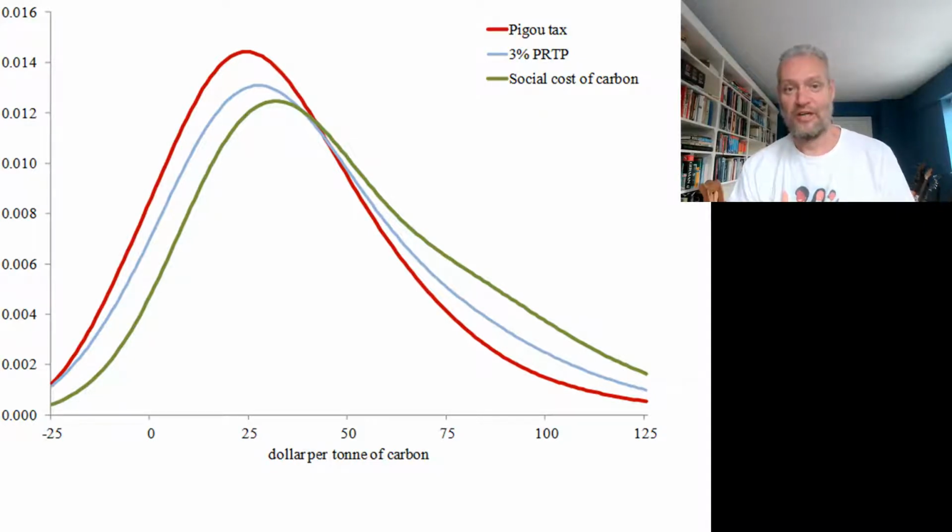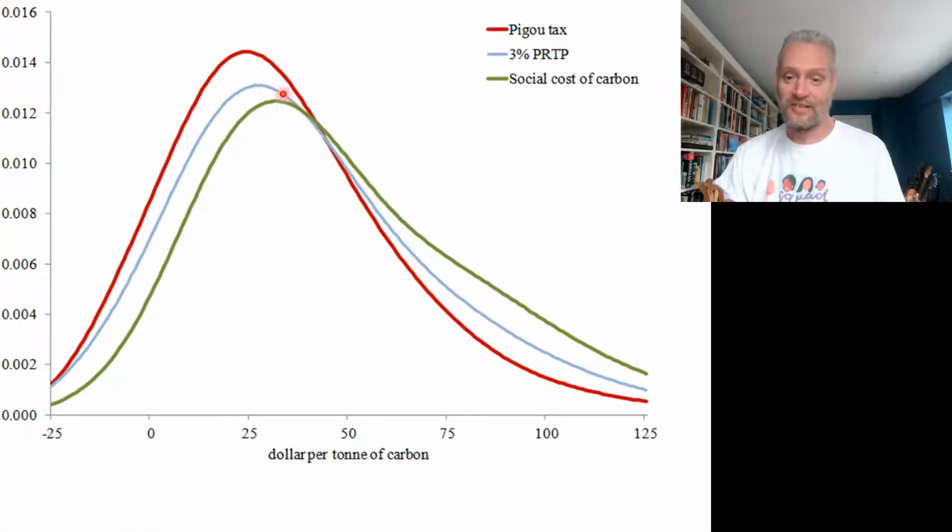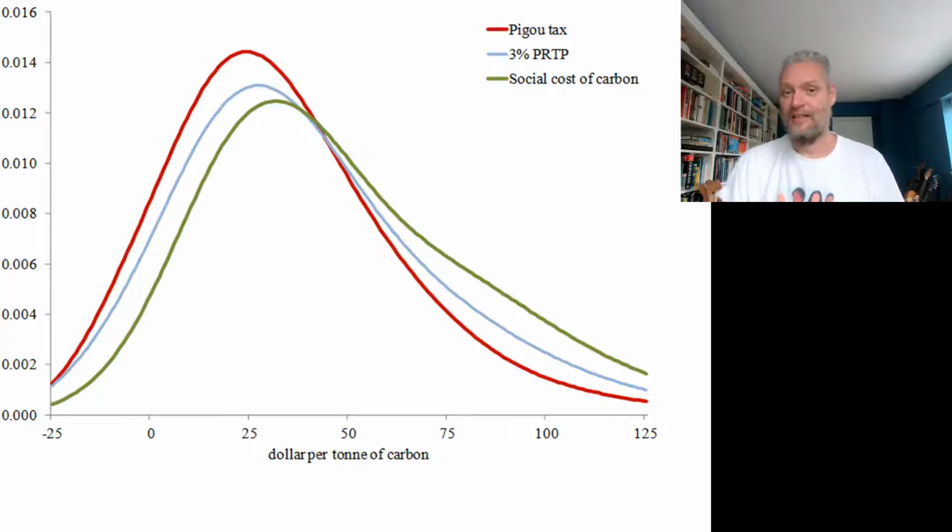I call that a social cost of carbon, but what you should be doing is impose that as a carbon tax, and as a result emissions fall and climate change is a little bit better, and therefore your social cost of carbon falls, and that is what I call here the PQ tax. And what you see is there is a reduction in the social cost of carbon or in the marginal damage cost, but it's not that large. So this feedback of reduced emissions if you impose a carbon tax is actually not that substantial.